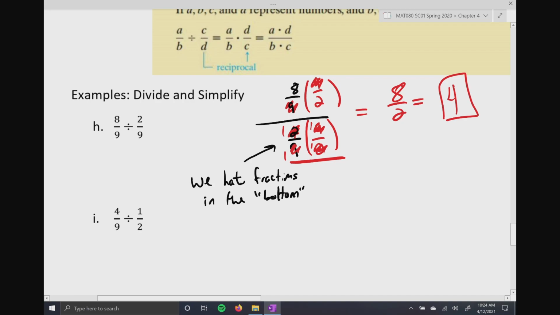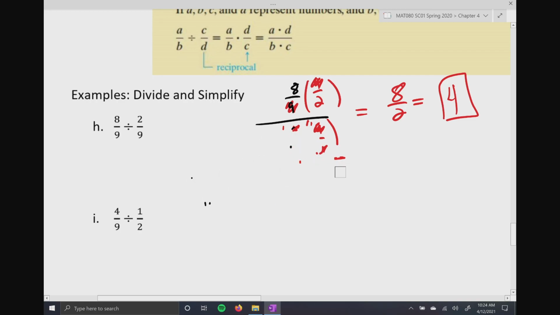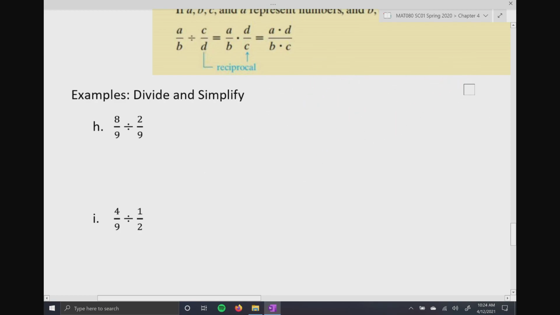So here's what you were taught a long time ago. And please correct me if I'm wrong. All right? So I'm going to erase all this, and we're going to do this problem again. But we're going to do it the way that you were taught. So if you've ever seen this before, you were taught this.